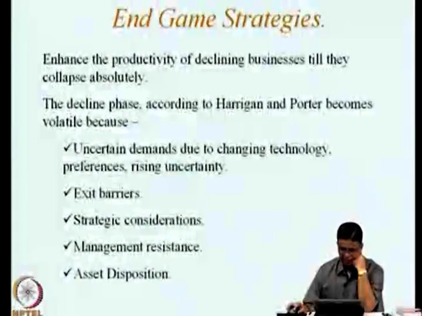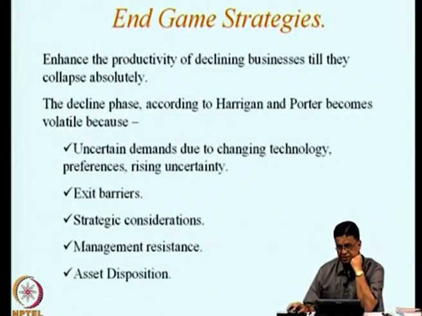What are these end game strategies? So, when do you look at the end game strategy? When you are looking at a declining business. So, when the business is declining, the objective should be to see whether the life can be prolonged.